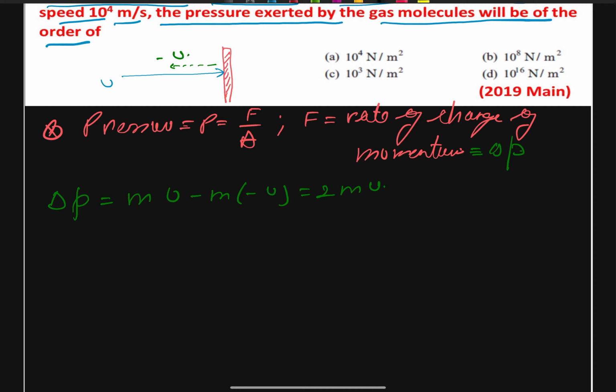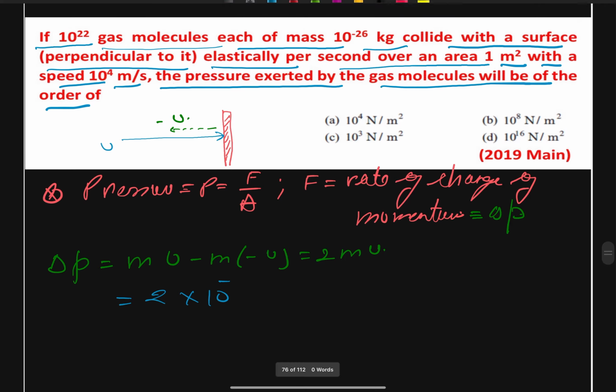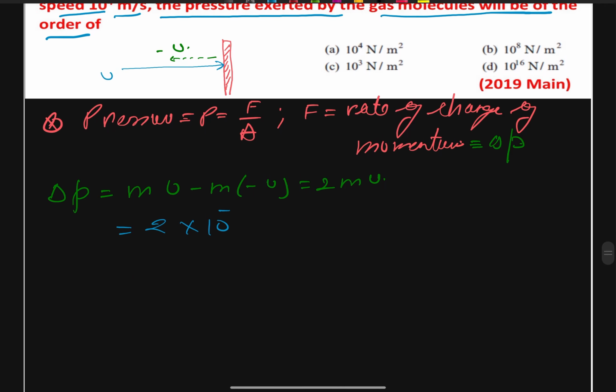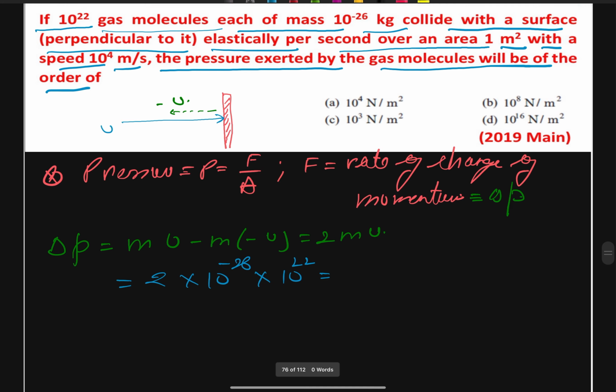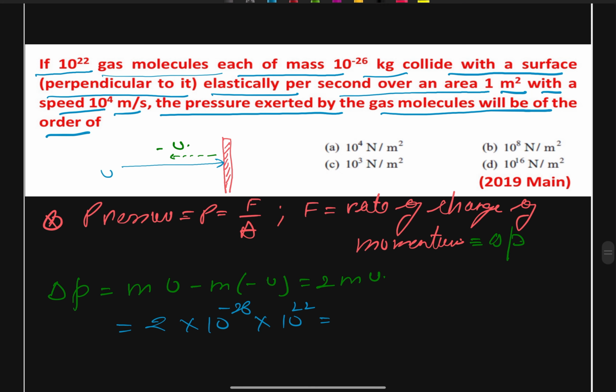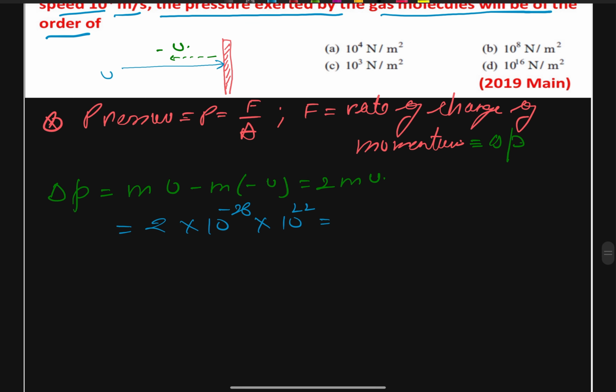We get this as equal to 2 into 10 to the power minus 26 and 10 to the power 22, and once again 10 to the power 4 velocity.